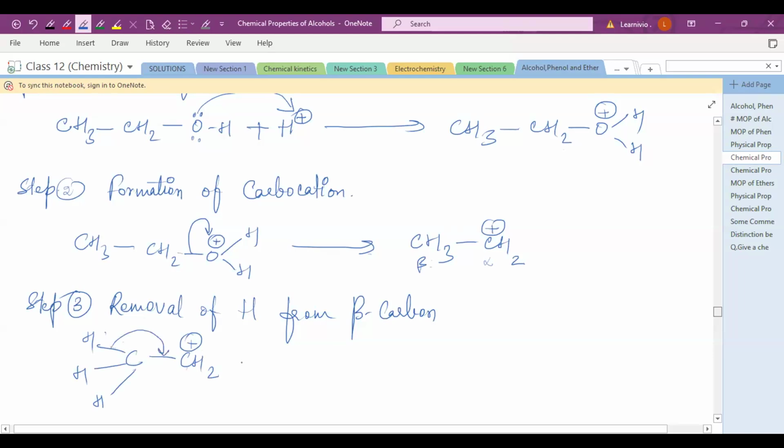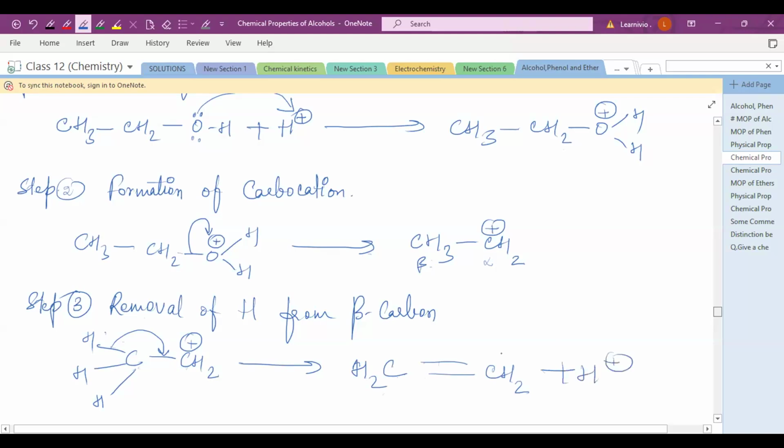So what happens? CH2, two hydrogens on this carbon, and here the double bond in CH. Now see, this carbon has four bonds, because carbon is tetravalent: 1, 2, 3, 4. Now it's satisfied, and H plus will be removed.